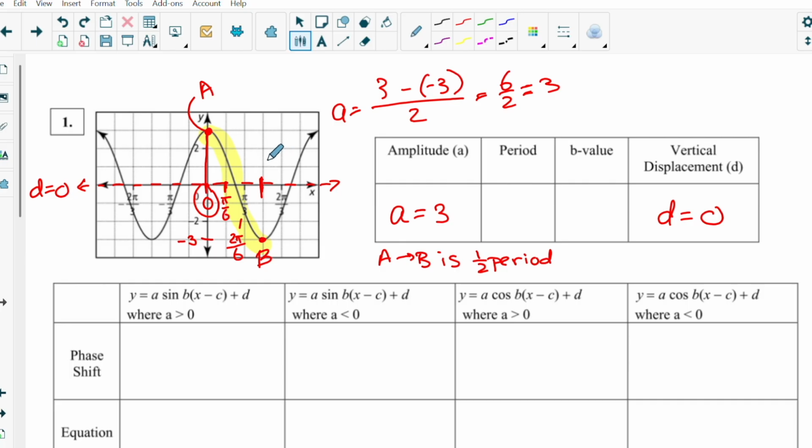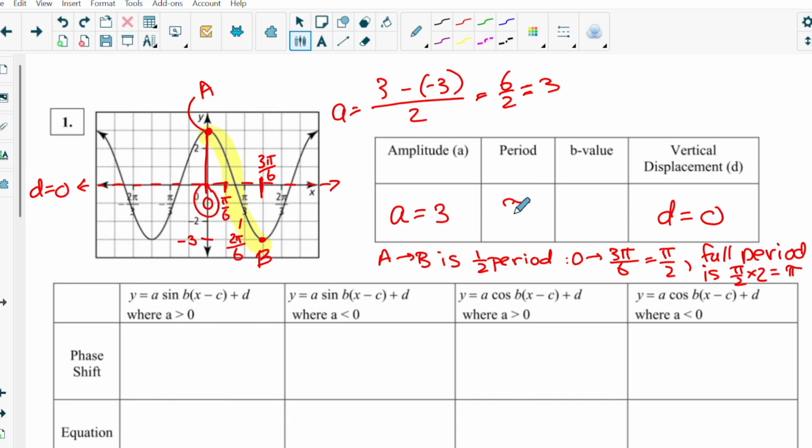This is 3 pi over 6 right here. So we're going from 0 to 3 pi over 6. My half period is equal to pi over 2. So if a half period is pi over 2, then my full period is pi over 2 times 2 equals pi.